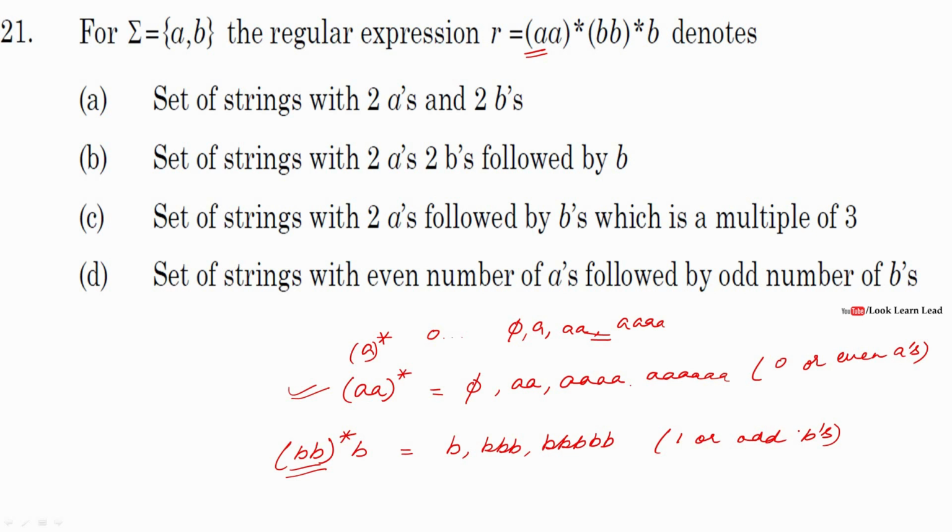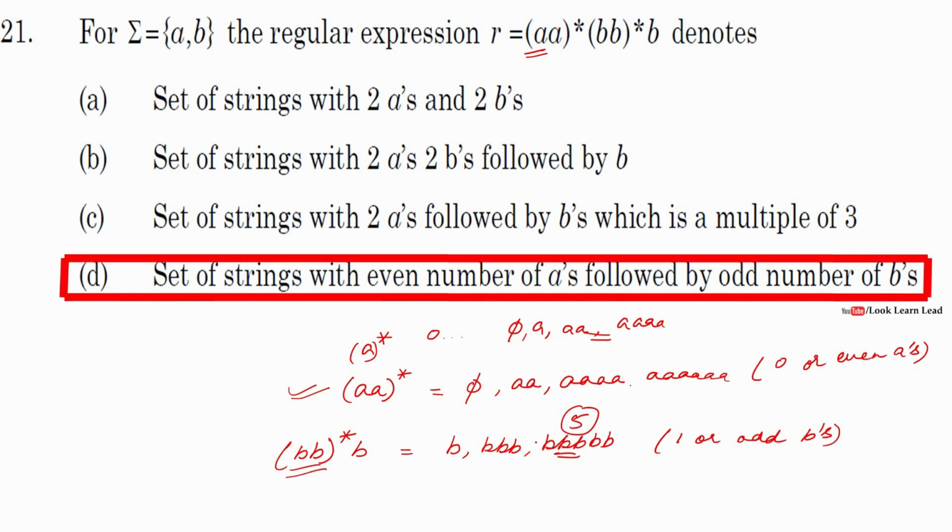So it is the set of strings with an even number of a's followed by an odd number of b's. It is not a multiple of 3 because we can have 5 also. So the answer should be D: set of strings with an even number of a's followed by an odd number of b's.